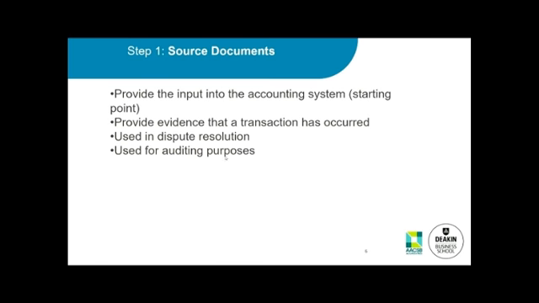It's also used for auditing. So when the auditor is doing his work after the accounts have been prepared, he will be examining some of these documents on a sample basis to make sure that everything is in order. And these are some examples, like what you guys said a minute ago.